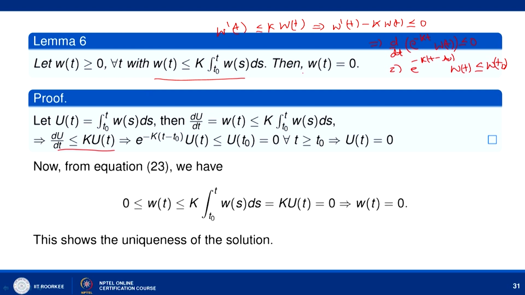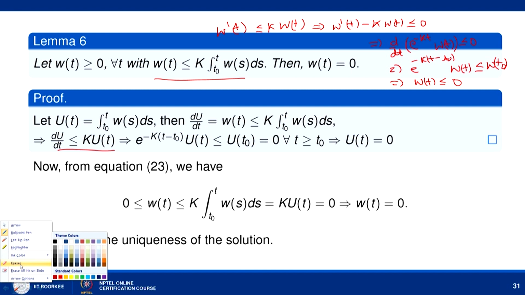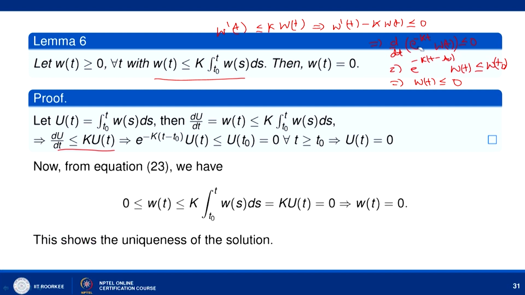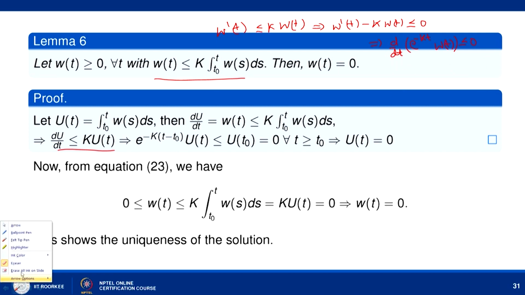And we already know that this w(t naught) is 0, because here we have just calculated that w(t naught) is 0. So, we can write this as w(t) is less than or equal to 0. Or if you do not want to do it like this, then we can simply say that since d by dt of e to the power minus k t w(t) is less than or equal to 0, and if we integrate from 0 to t, we can write e to the power minus k t w(t) less than or equal to e to the power minus k 0 w(0).